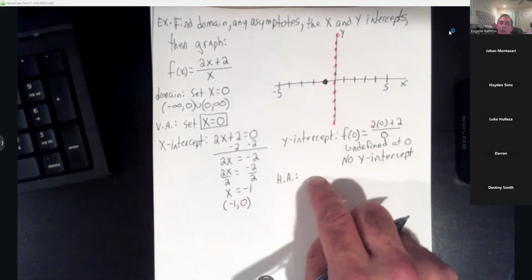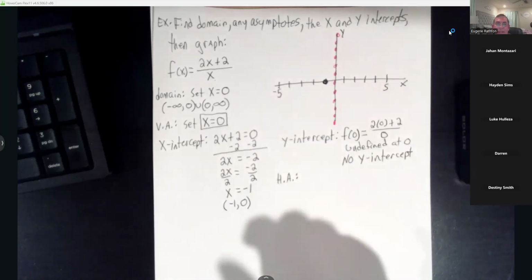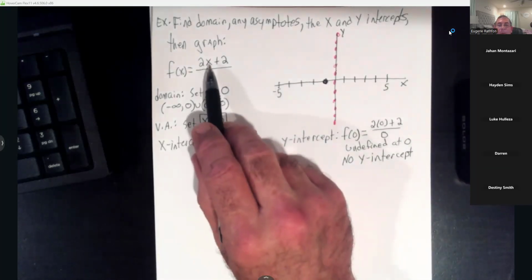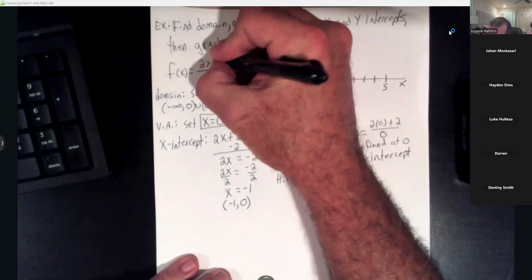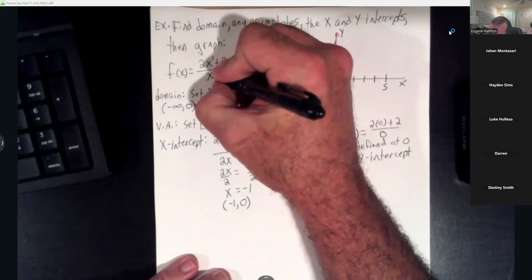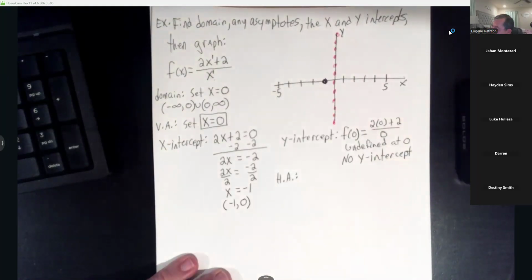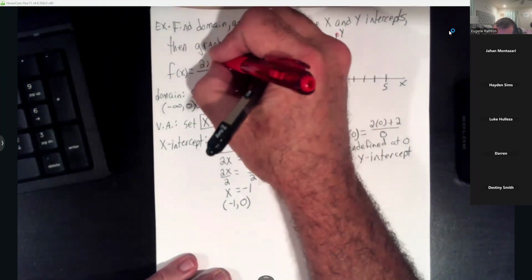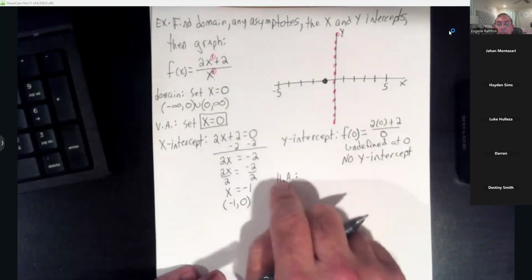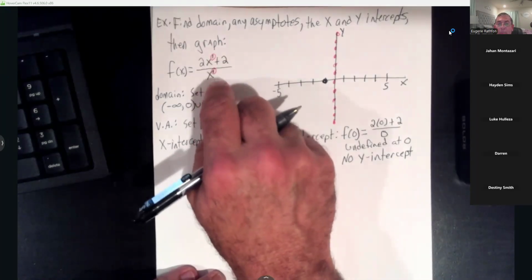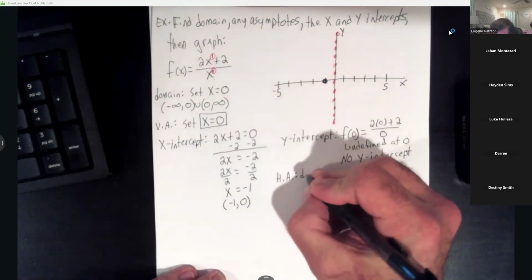We're just doing this so we can figure out our graph, I guess. So the degree on top is 1 because there's not an exponent here. That's like a 1. The degree on the bottom is a 1. So y'all, these degrees match. So since the degrees match, the degree on top equals the degree on bottom.